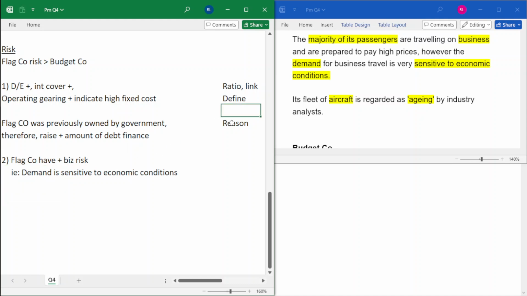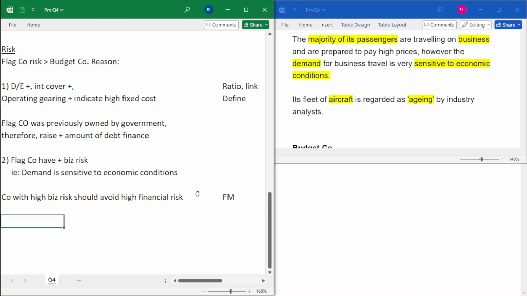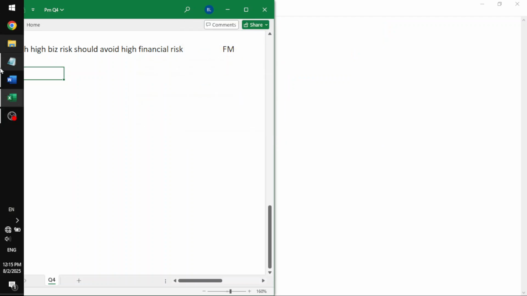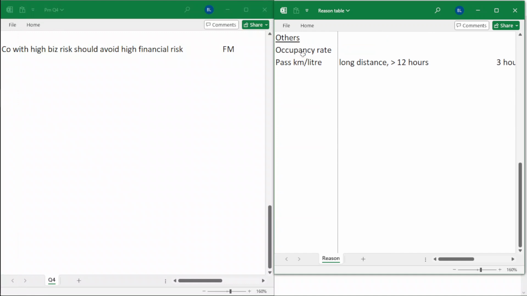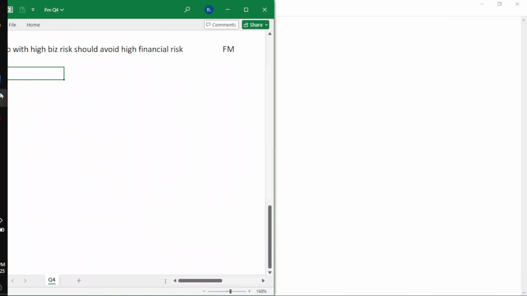This reason maybe you can move here. A company with high business risk should avoid high financial risk. Others, I think we talked about already. So all done.